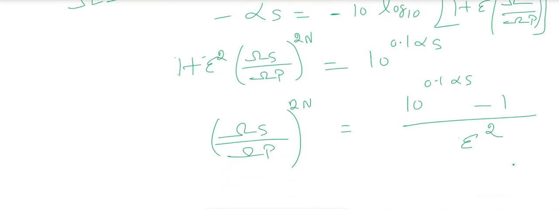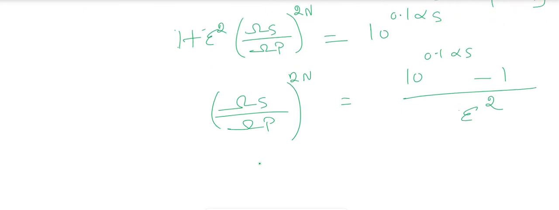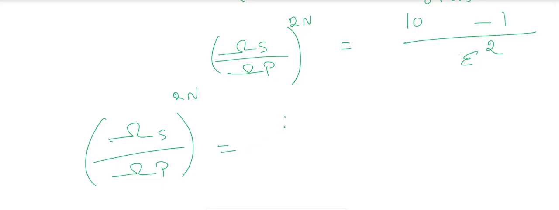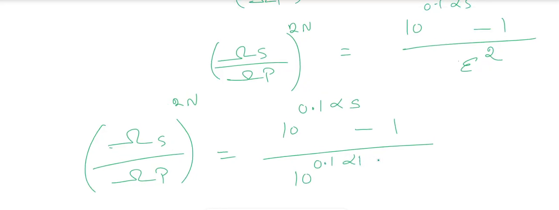Okay, what is epsilon squared? So omega s by omega p to the power 2n is equal to 10 to the power 0.1 alpha s minus 1, divided by epsilon squared. Already we derived epsilon from the pass band: 10 to the power 0.1 alpha p minus 1.